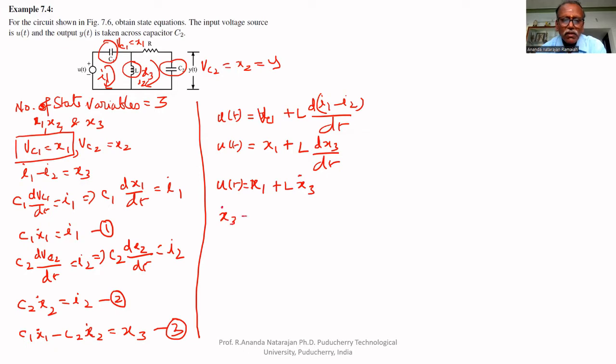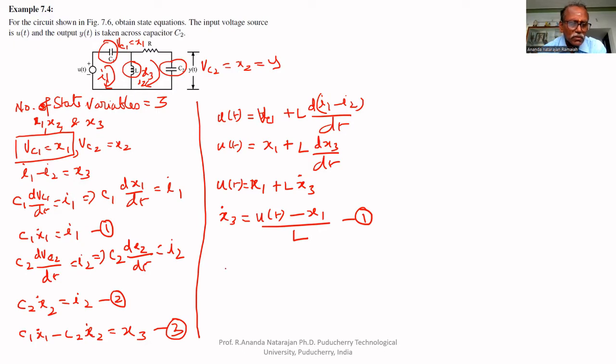Therefore, x3 dot equal to (u(t) minus x1) divided by L. That is the first equation. We got one equation. Similarly, we can find x2 dot also.